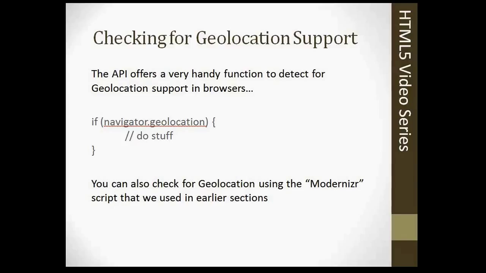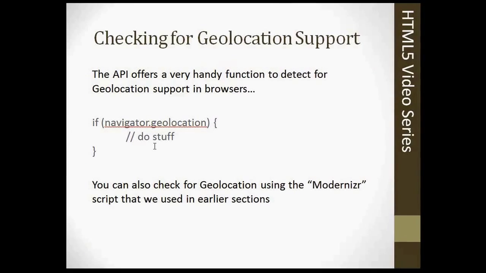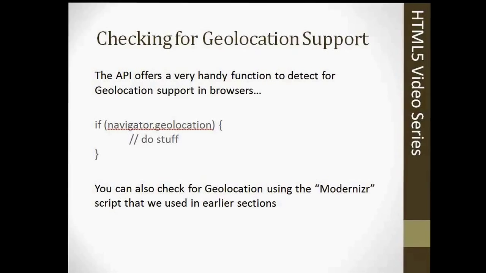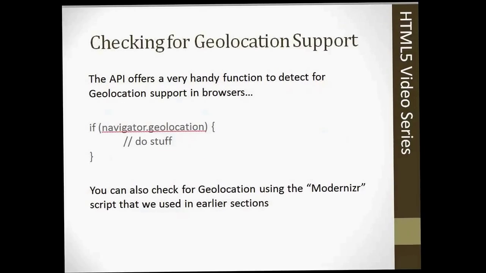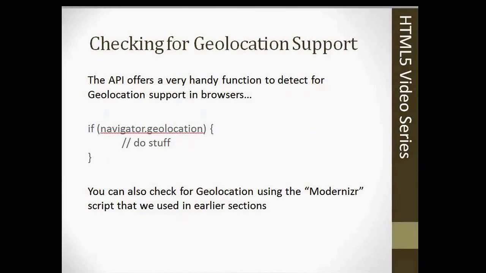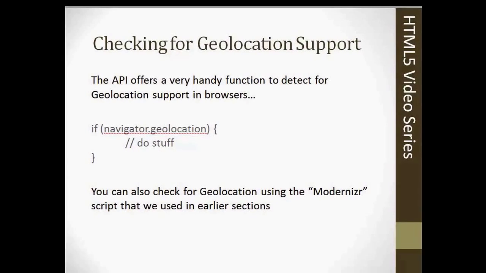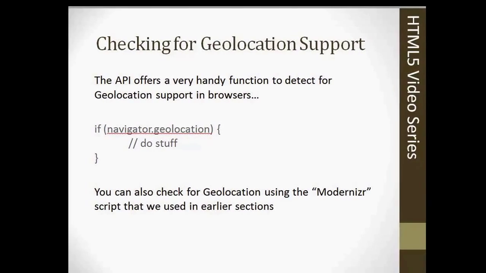And the API offers a very handy function to detect for support, and it's as simple as this. It's as simple as checking the navigator object for the geolocation property. And you can also use, obviously, Modernizr, as we've used in past sections. It's almost just as simple as this function. Very easy.